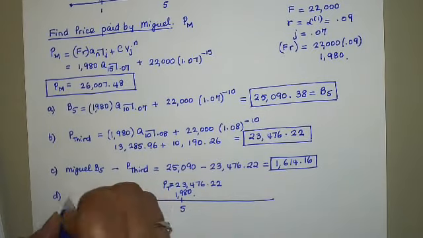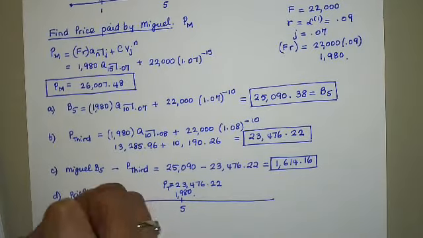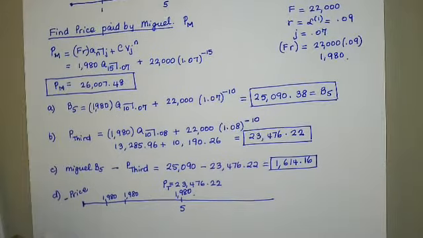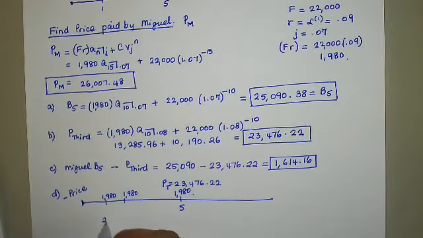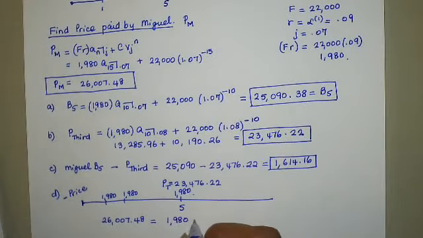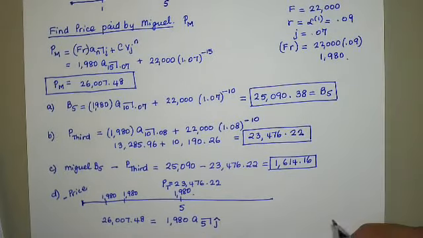So it's our job to find the yield. For this reason, I had to see the price that he originally paid for this bond, because I need that in this equation. So minus price up here. So let's go 26,007.48.